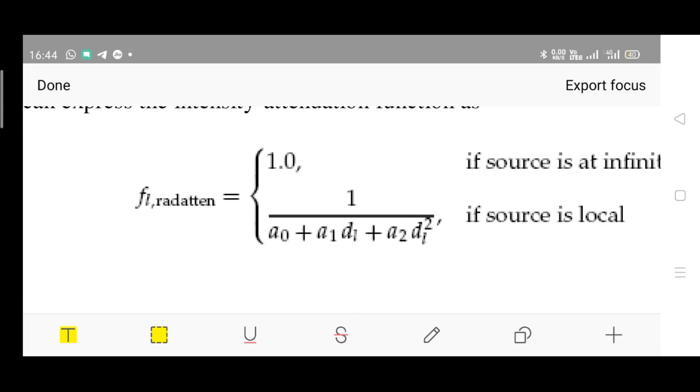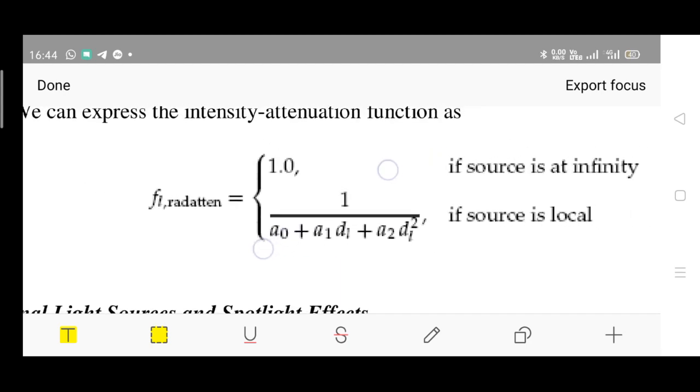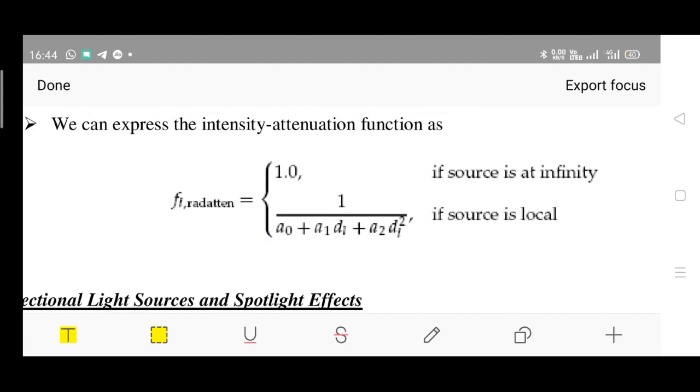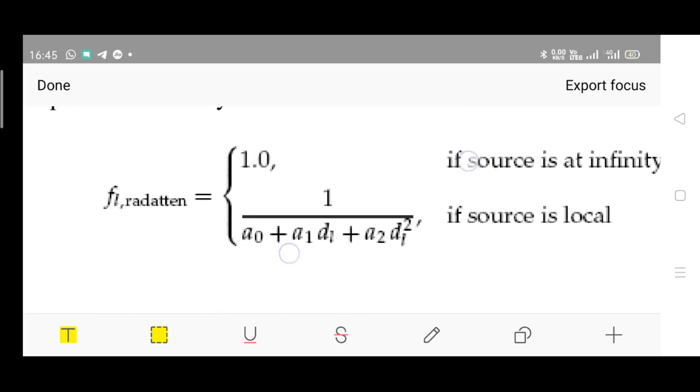The radial intensity attenuation f_radatten is 1 if the light source is at infinite distance from the object. Otherwise you have to use this formula, 1 divided by a0 plus a1 d1 plus a2 d1 squared, where a0, a1, a2 are the coefficient values used to set the attenuation.